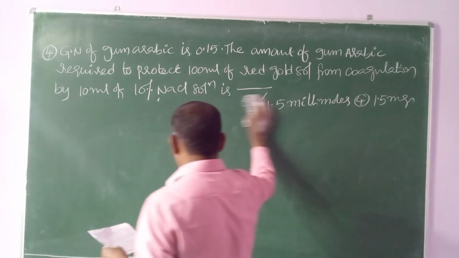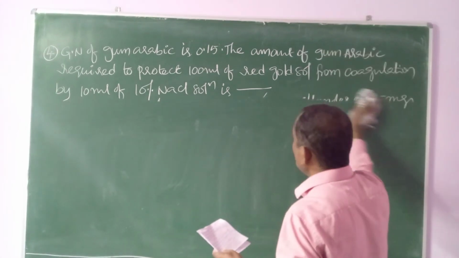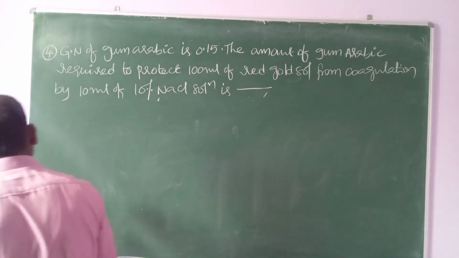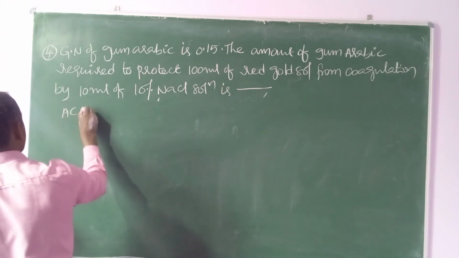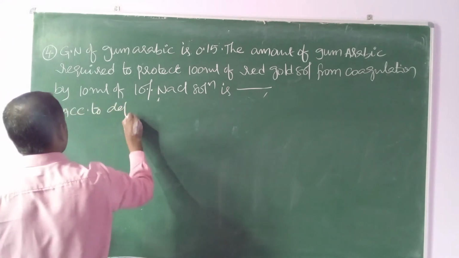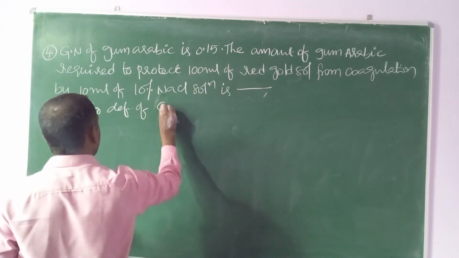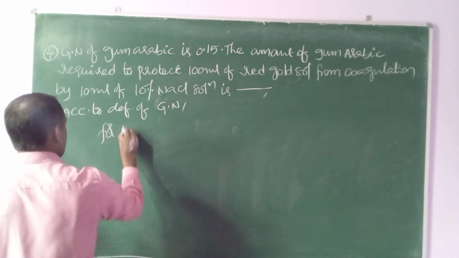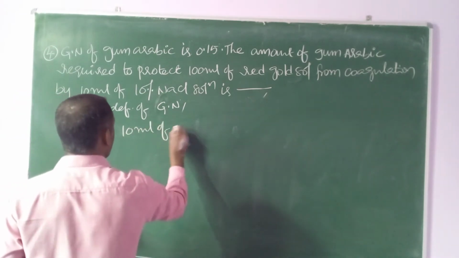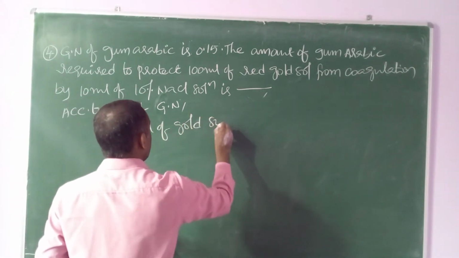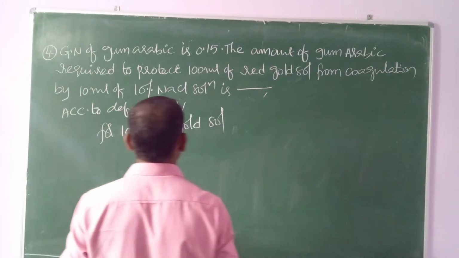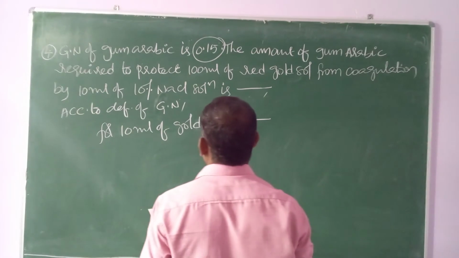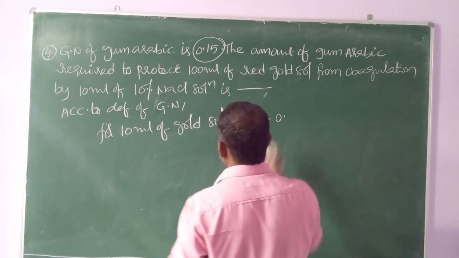All of you see the data. What have they given? Gold number is 0.15. Therefore, according to the definition of gold number, for 10 ml of gold sol, how many milligrams are required? 0.15 milligrams of gum arabic is required.